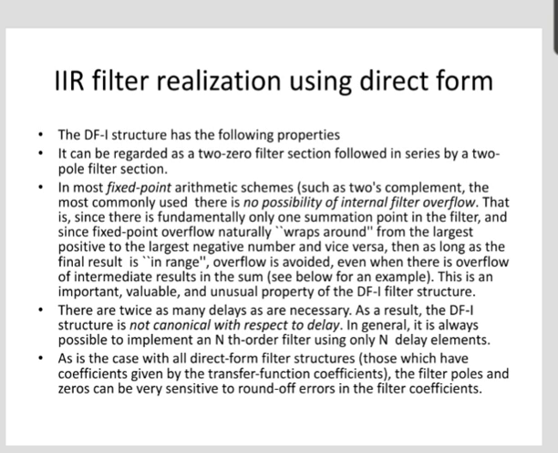That is, since there is fundamentally only one summation point in the filter, and since fixed point overflow naturally wraps around from the largest positive to the largest negative number and vice versa, then as long as the final result is in range, overflow is avoided, even when there is an overflow of an intermediate result in the sum. This is an important, valuable, unusual property of the DF1 filter structure.